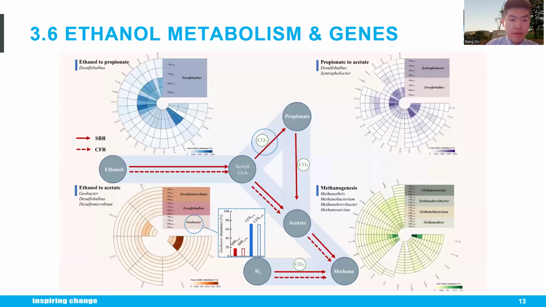Moreover, the metagenomic data also shows that the butyrate synthesis and all ethanol to propionate related genes in Desulfovibrio in SBRs were higher than that in CFRs. And Geobacter and the related genes in ethanol to acetate conversion were highly enriched. This figure also shows the roadmap of how to regulate the ethanol metabolic pathway with operational mode.